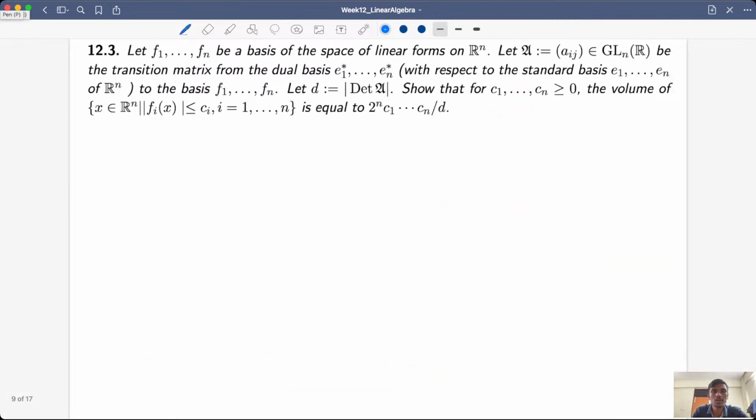Similarly for this one, again we are given f1, f2, fn as a basis of the linear forms on Rn.